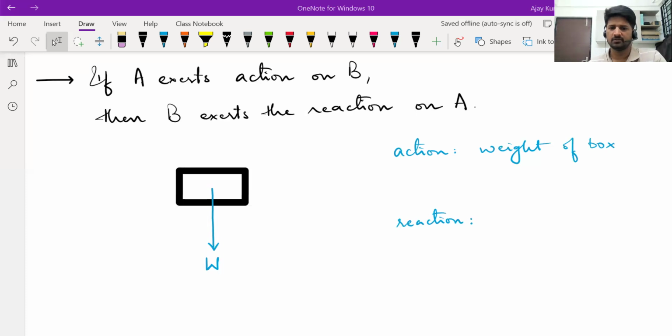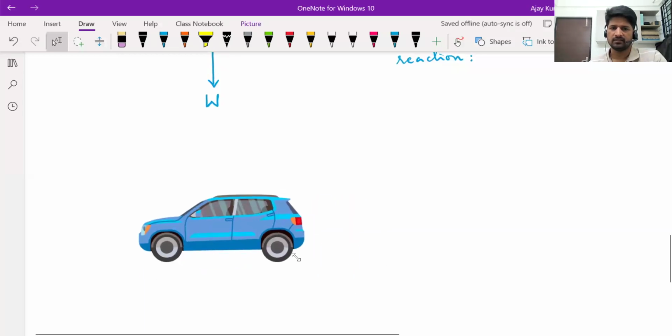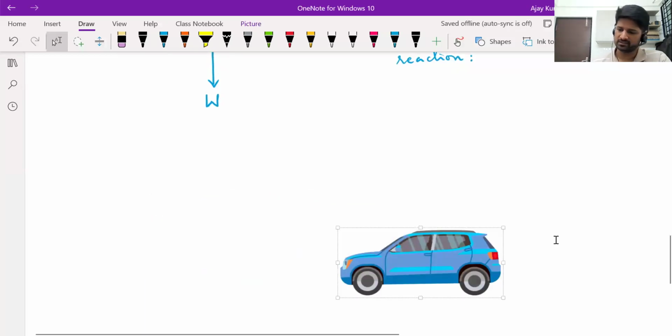Venla, what do you think about that? Do you agree with that statement or not? Just a moment. We'll finish the discussion. A car like this, suppose it is suspended using a crane or something.